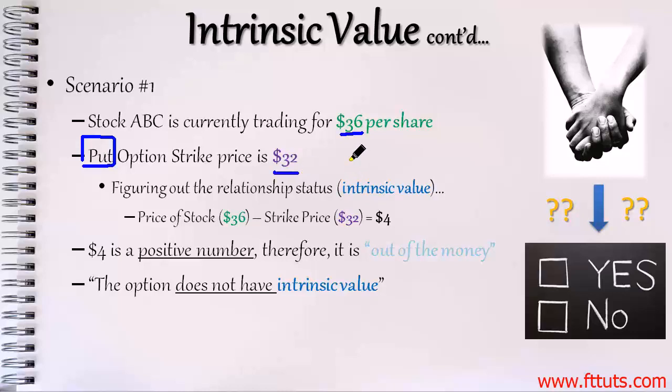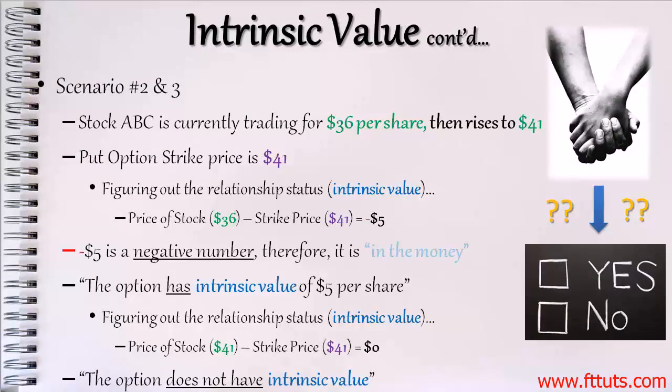Let's figure out the relationship here, the intrinsic value, and go through our equation. $36 price of the stock minus $32 strike price is $4, a positive number. Because 4 is positive, and we're talking about puts now, that gives us out of the money. So we would say that the option does not have any intrinsic value. When we hop down to our relationship status for this, the answer would be no.